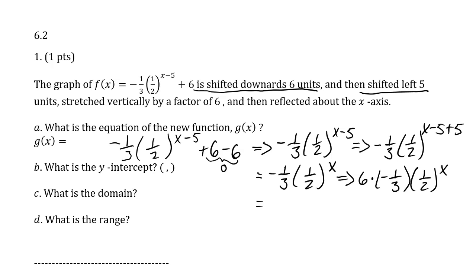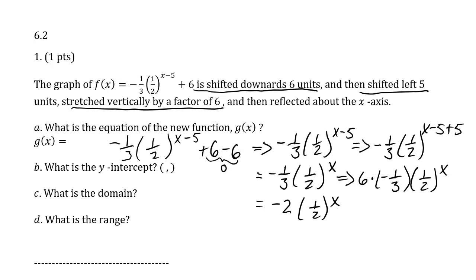That is going to lead us now to the equation negative 2 times 1/2 raised to the x. Don't make the mistake of thinking that these cancel. The power has to be done first, and then you won't have 1/2 here anymore. You'll have something different. Now we have negative 2 times 1/2 to the x. This represents what's left after you've completed the vertical stretch by a factor of 6.